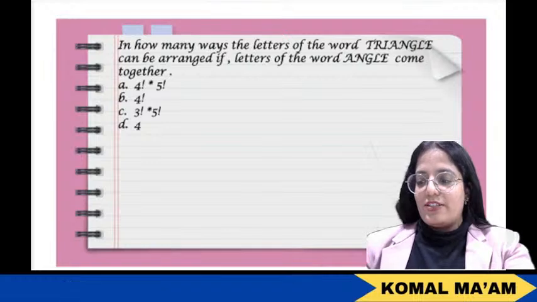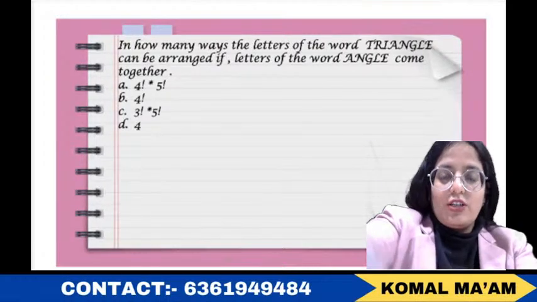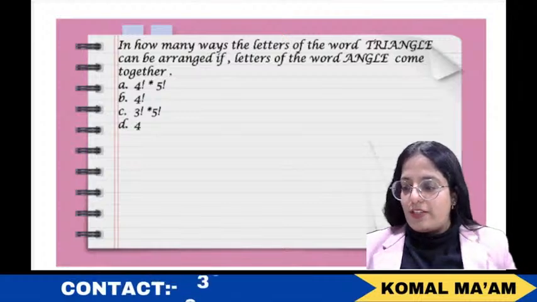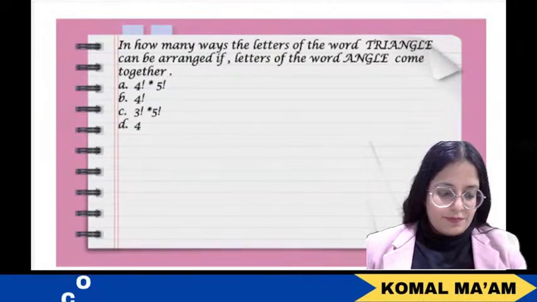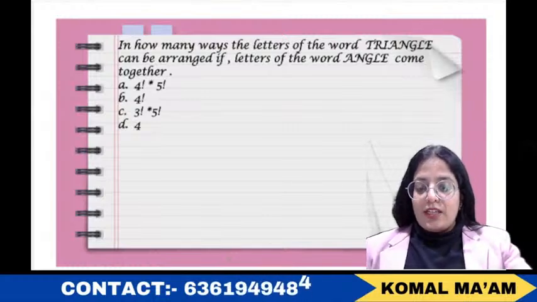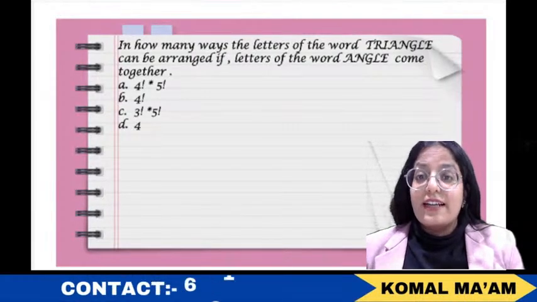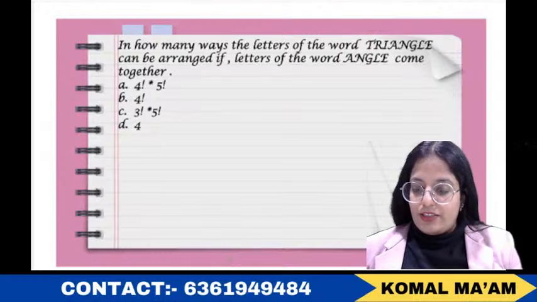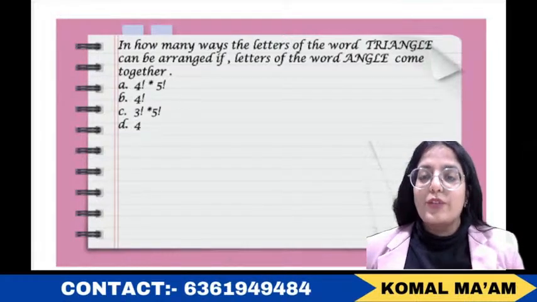Let's begin our session. The first question of today's session is on your screen. It says, in how many ways can the letters of the word TRIANGLE be arranged if the letters of the word ANGLE come together?